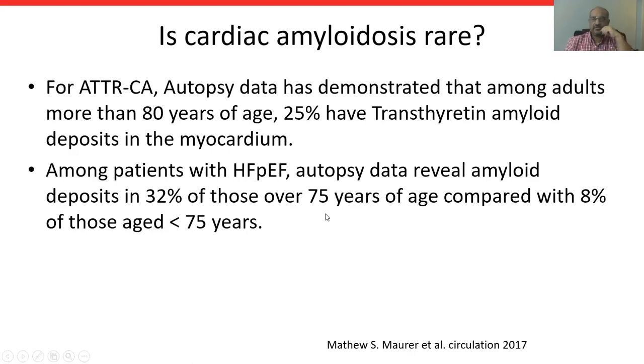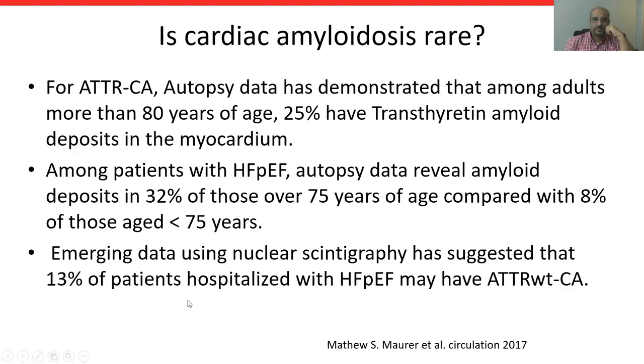This is why it was called before senile amyloidosis. Emerging data using nuclear scintigraphy have suggested that 13% of patients hospitalized with HFpEF may have ATTR wild-type cardiac amyloidosis. So clinical data also are available, not only autopsy data.